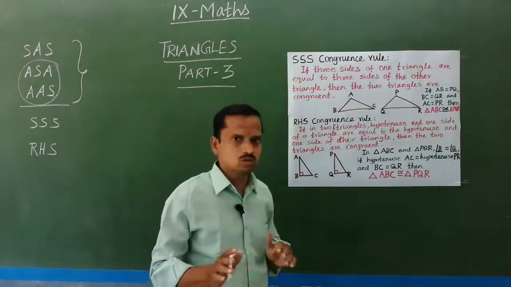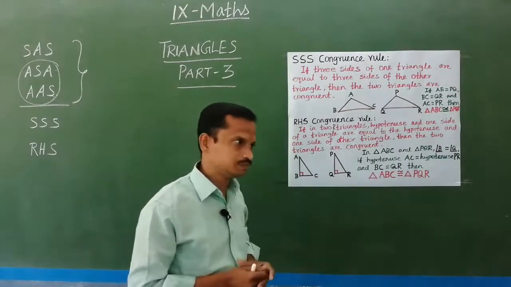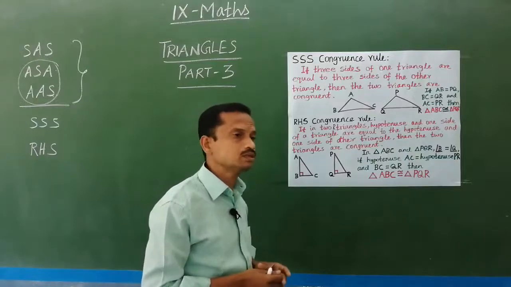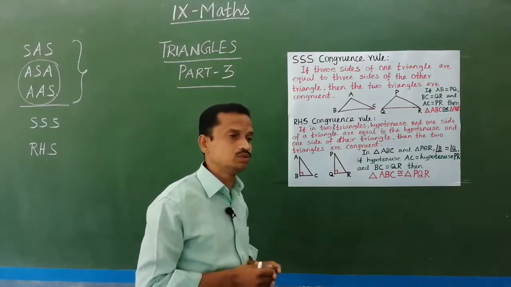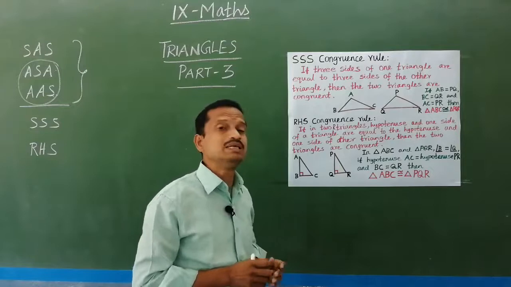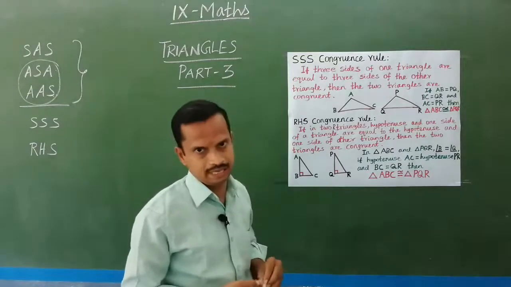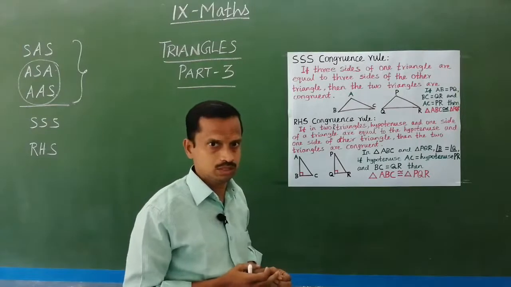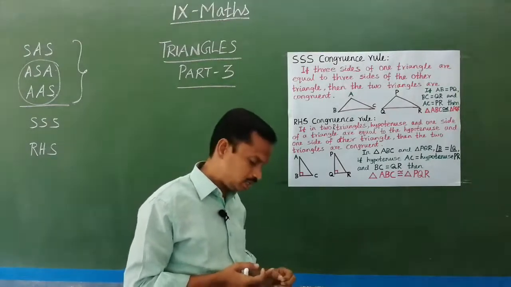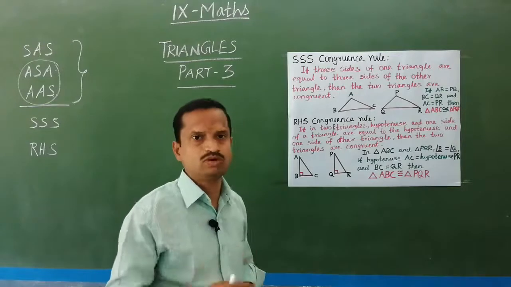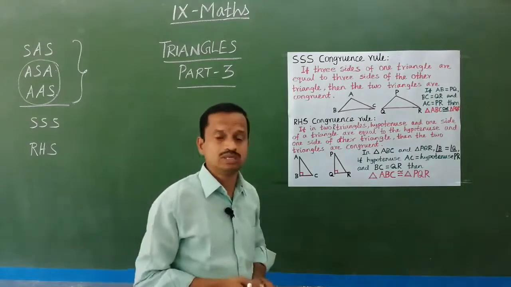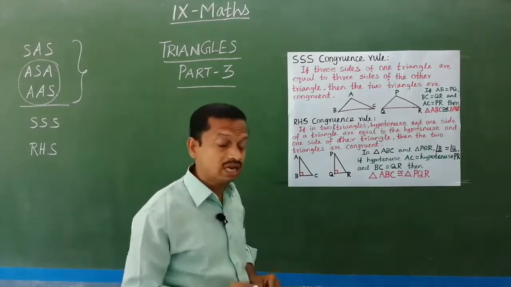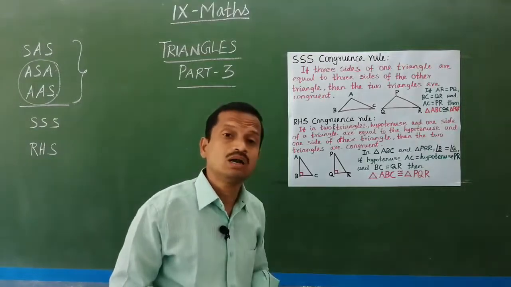Triple S congruence rule is applicable, but I already told you in the first class itself that triple A congruence rule is not there. Okay, I explained about it also. Clear? Angle, angle, angle. If three angles of one triangle are equal to three angles of another triangle, we cannot say that two triangles are congruent.